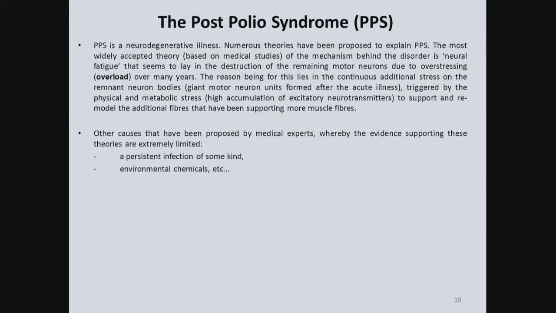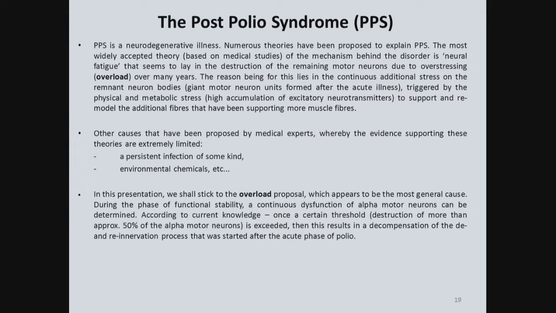Other causes have been proposed by medical experts, whereby the evidence supporting these theories is extremely limited, as follows: a persistent infection of some kind, or environmental chemicals, etc. In this presentation we shall stick to the overload proposal, which appears to be the most general cause.